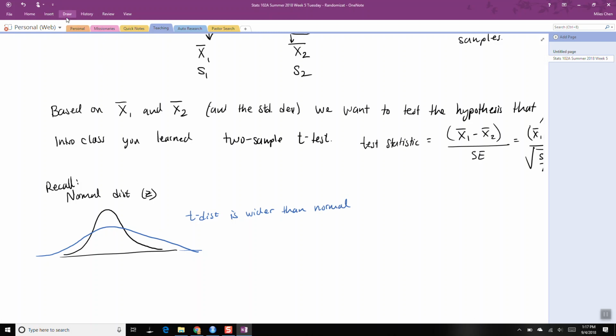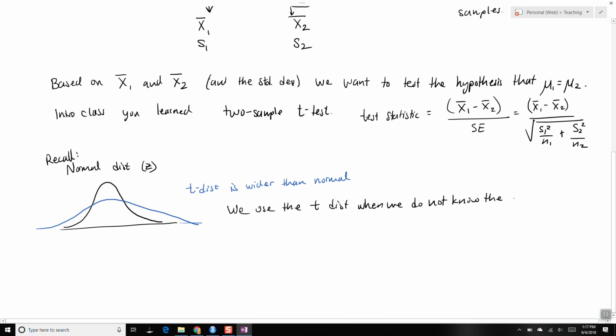We use the t-distribution when we do not know the standard deviation of the population.